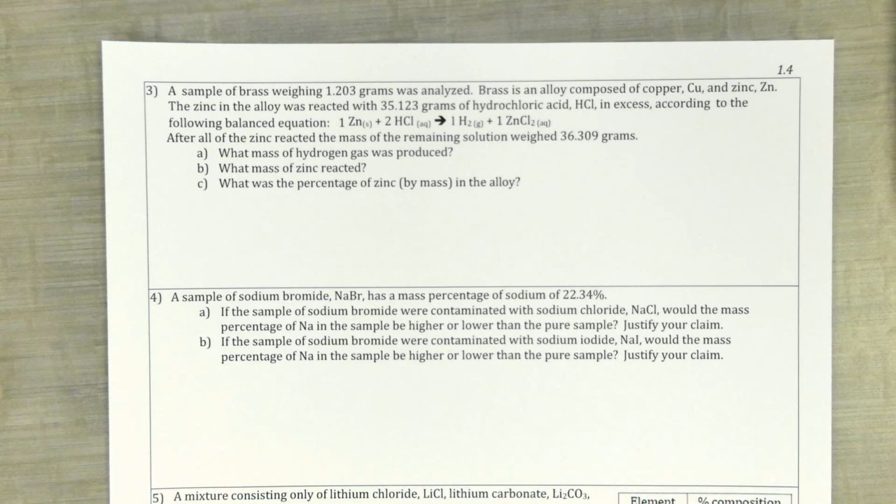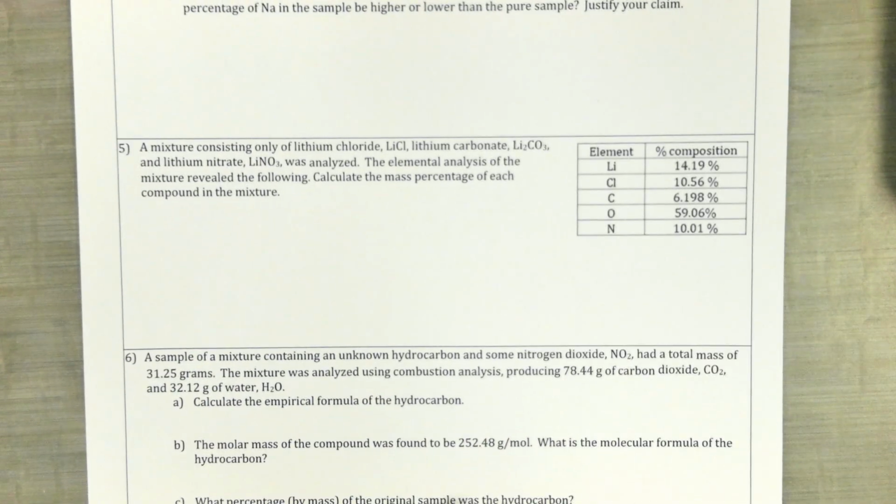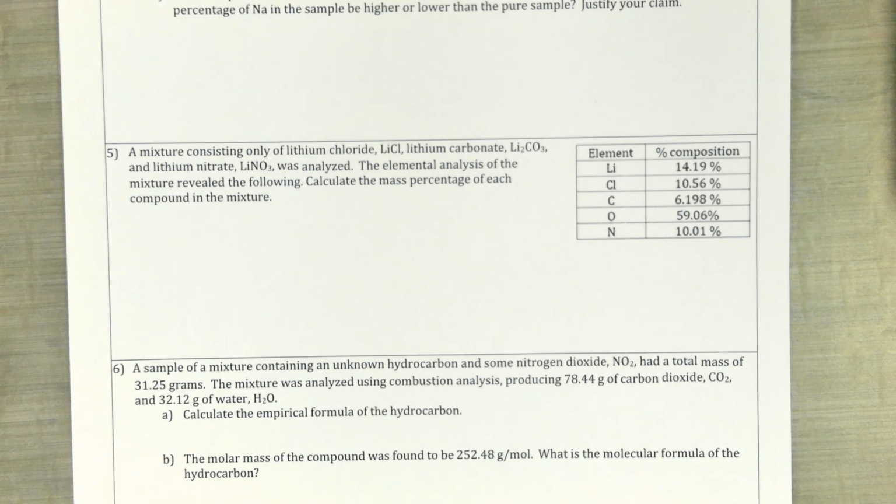All right, number 5, a mixture consisting of only lithium chloride, lithium carbonate, and lithium nitrate was analyzed. The elemental analysis of the mixture revealed the following. So you've got these percent compositions, and you've got to use those to calculate the various things that were analyzed.